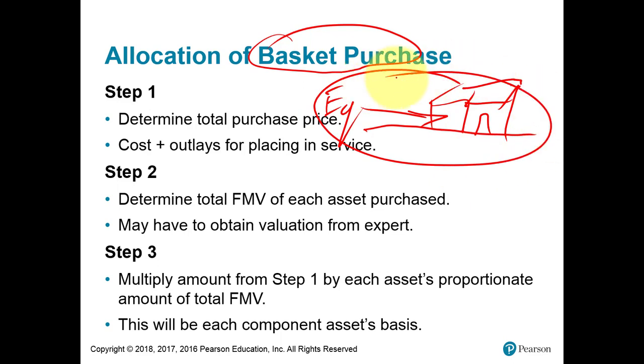Well, now you got to allocate the costs to the land, to the building, and to the equipment. So what you do is you get an appraiser and take the value of each of these items, and the percentage you multiply it by the original total costs. And that's how you allocate now the cost to each of these items.